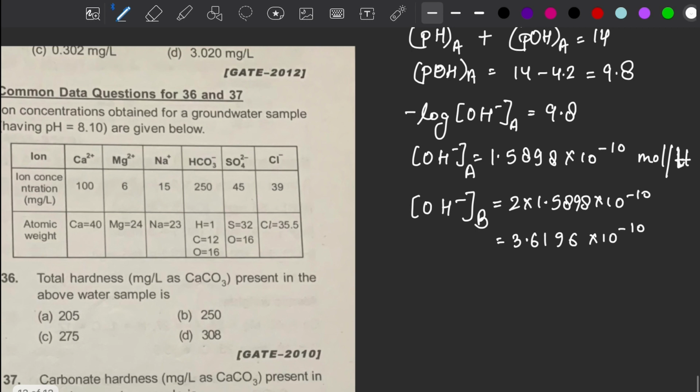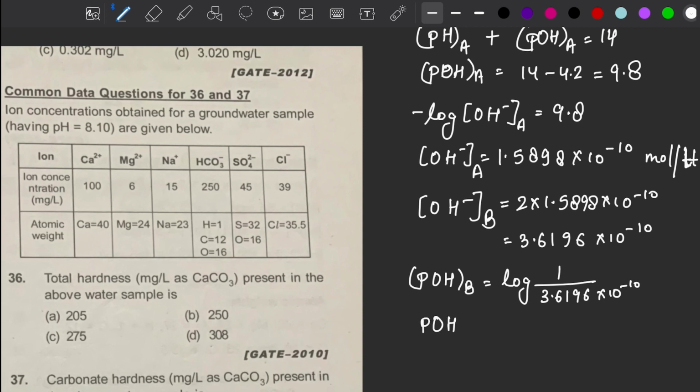Also, when we have OH ion concentration, we can simply find the pOH, that is log of 1 upon 3.6196 into 10 to the power minus 10. So pOH of B comes out to be 9.5.